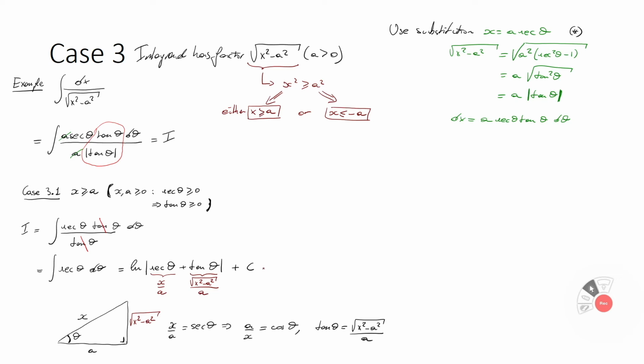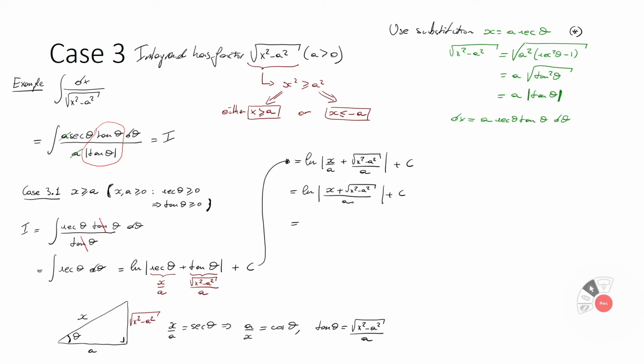There's one last simplification that we can make with the integral. So let's write down what it is. Ln of x divided by a plus the square root of x squared minus a squared divided by a, plus a constant. Now we have this common denominator a here, so we can write this as x plus the square root of x squared minus a squared, divided by a, plus c.